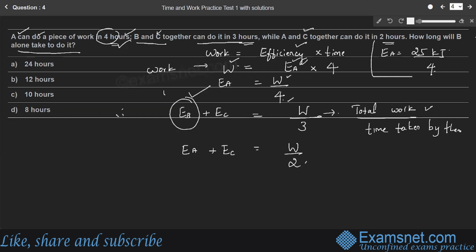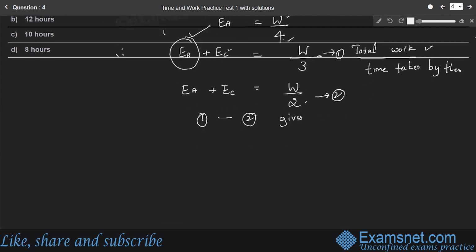Considering this as the first equation and this as the second equation, we subtract the second equation from the first, so that we can delete EC and EC. So 1 minus 2 gives EB minus EA equal to W by 3 minus W by 2.